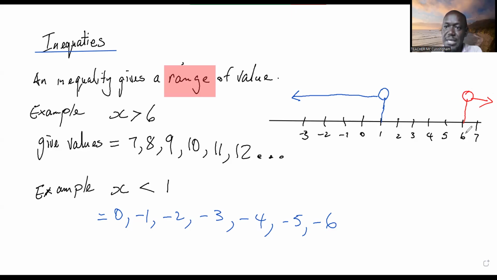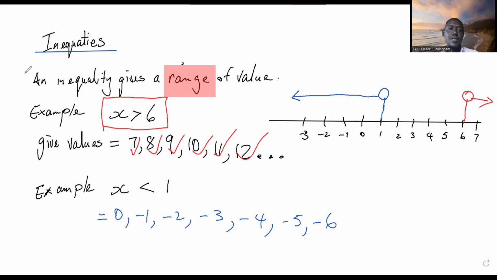So it will be 7, 8, 9, 10, and so on. It does not include the 6. Now, x is less than 1 means you go to 1 and it's less. You point that way. So that's 0, -1, -2, and so on.